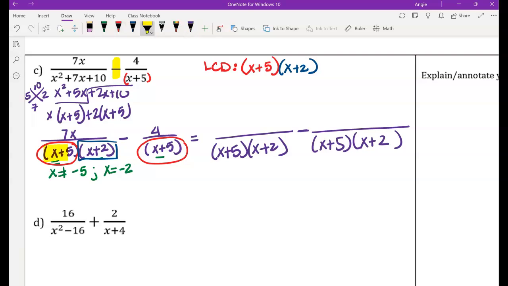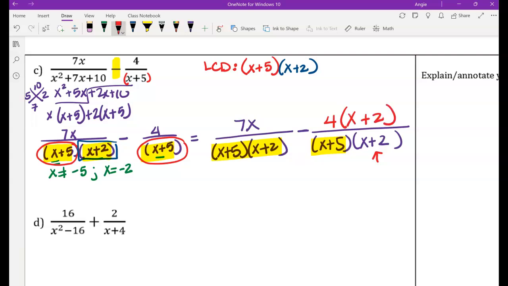On the first fraction, we have x plus 5 and x plus 2, which we have as part of our LCD. So we did not multiply the first denominator by anything. That means we don't multiply the numerator by anything. The second fraction, we have x plus 5 and x plus 5. So the new thing we multiplied was an x plus 2. So we are also going to multiply the top by x plus 2.